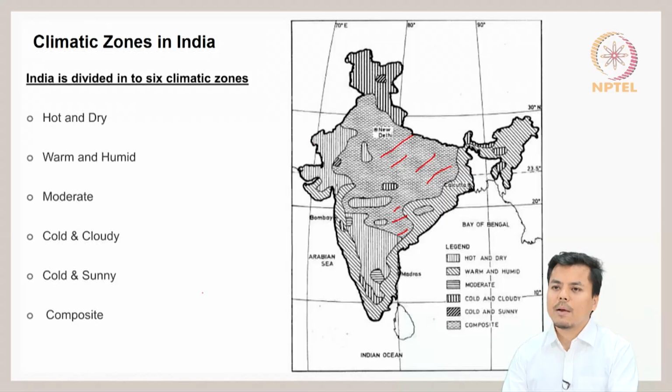Hot and dry climatic region is limited to the western side, especially Rajasthan and parts of Gujarat towards desert areas. Then the moderate climatic regions are located in specific areas only, like somewhere near Bangalore.